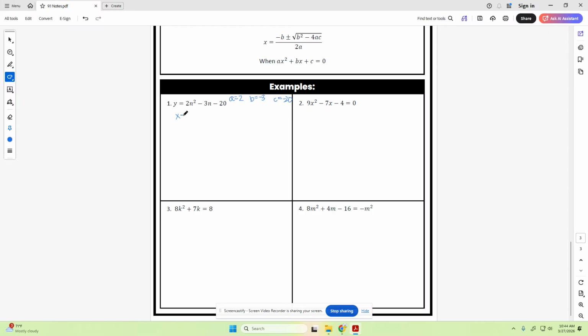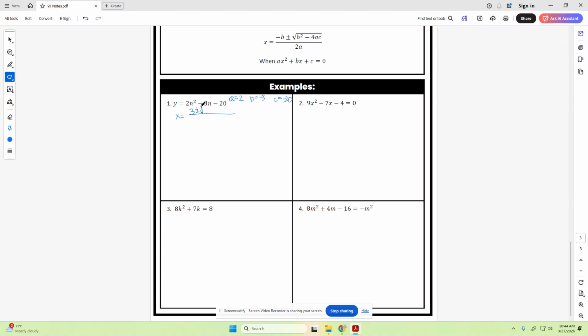X is equal to, -b means I take the opposite sign. So since my b was negative, here it's going to be a +3 plus or minus. And again, that's just because most quadratics have two solutions.